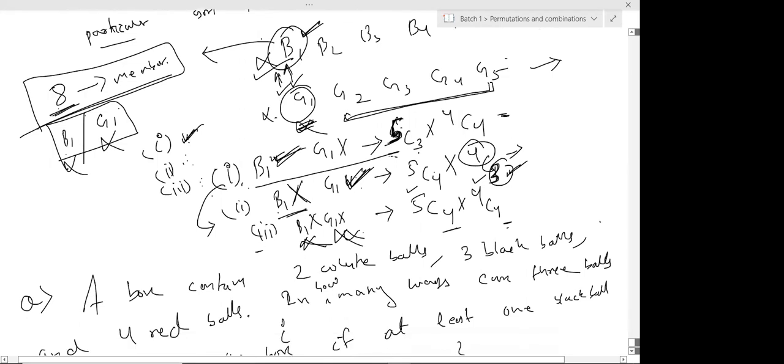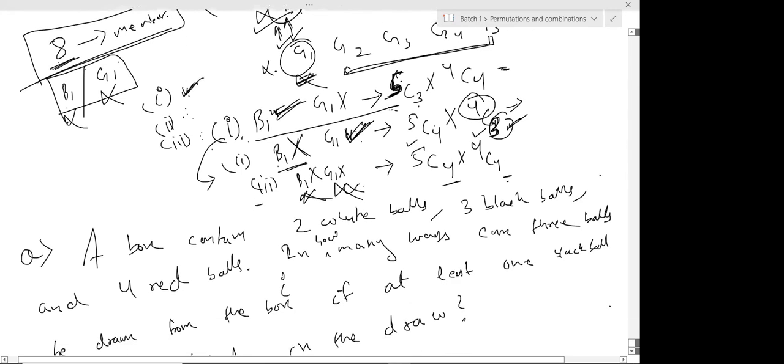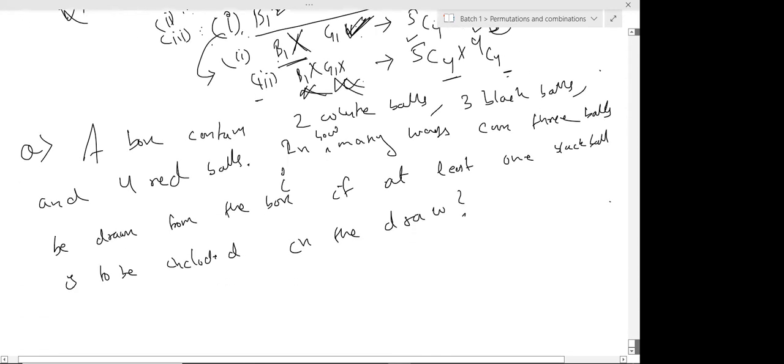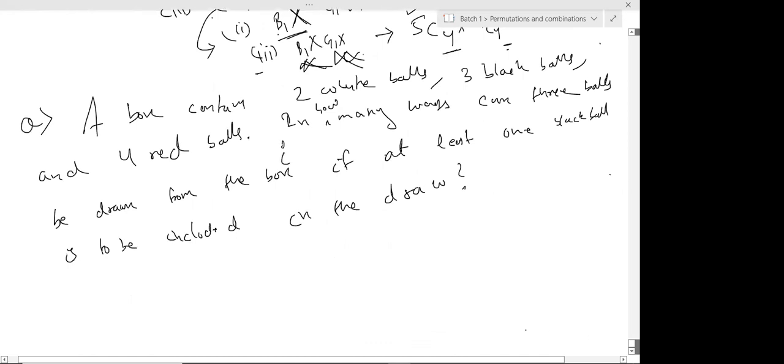Try this question then. Here also make cases. At least one black ball means either 1, 2, or 3, and try to solve these cases. I'll give you a few minutes.